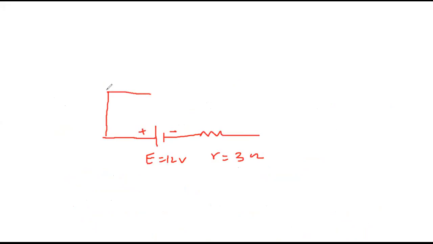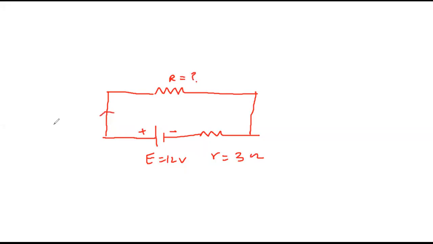Looking at that question, we'll draw the circuit diagram to understand what they mean. A battery of 12 volt. So if this is one battery of EMF 12 volt, internal resistance 3 ohm, connected to a resistor whose resistance we have to find.